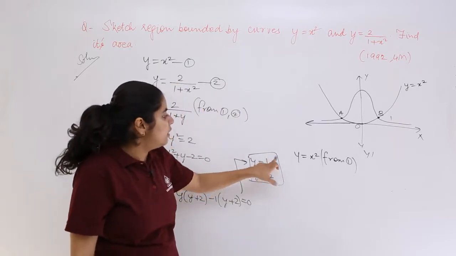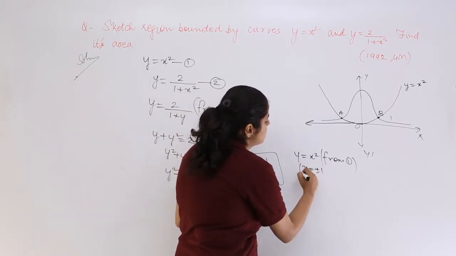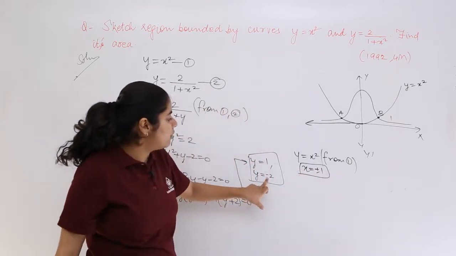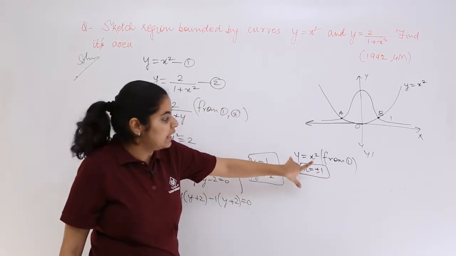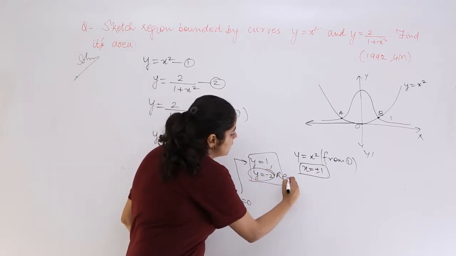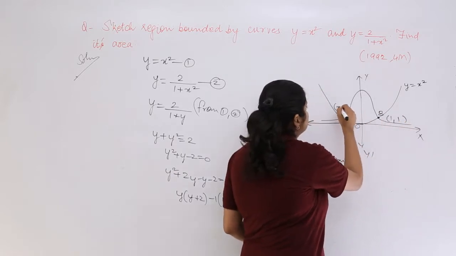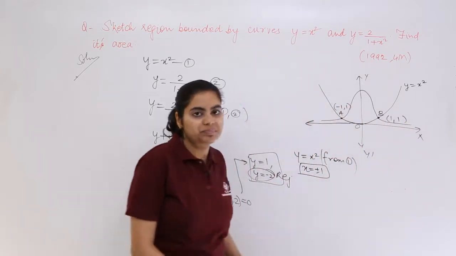So that means 1 = x², so x = ±1. If I take y = −2 here, can a square number be negative? No. That is why I rejected this. So this should be (1, 1) and this point should be (−1, 1).